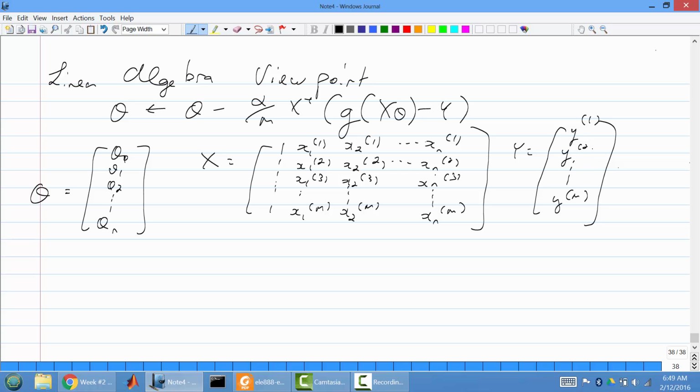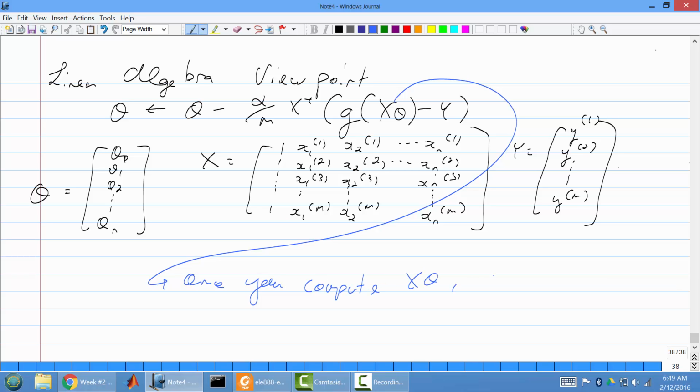Okay. So this notation still stays the same as before. So basically what's happening here is once you compute x times theta, use the sigmoid function on each element, and use the result.